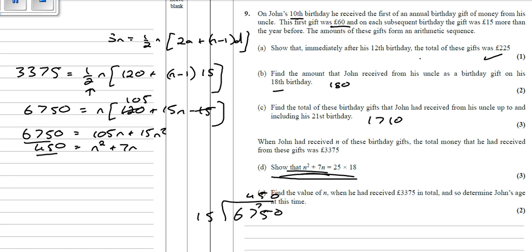If you want, you could do 450 divided by 25. 25 goes into 45 once with 20 remainder. So 25 goes into 200 8 times. So we can say that n squared plus 7n equals 25 times 18.